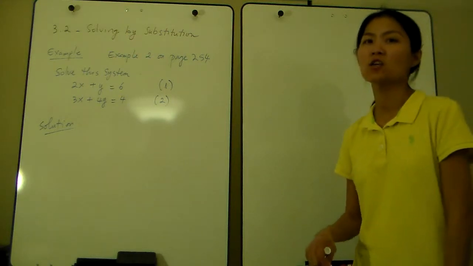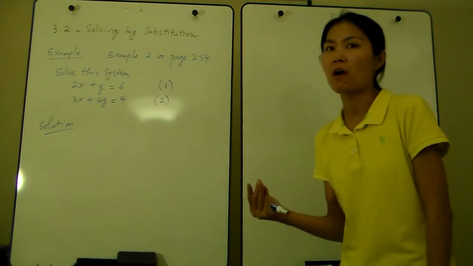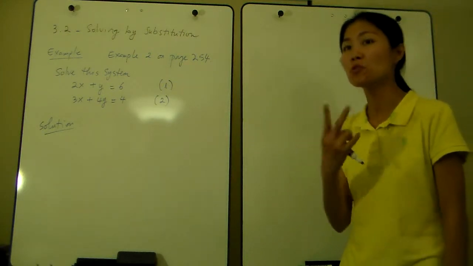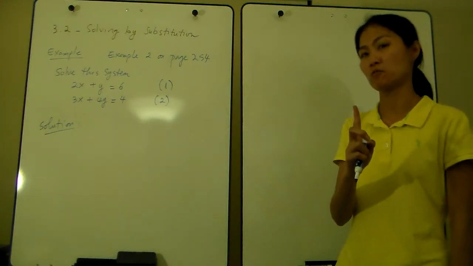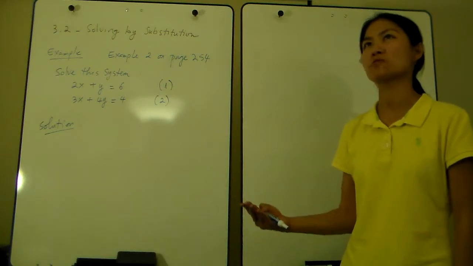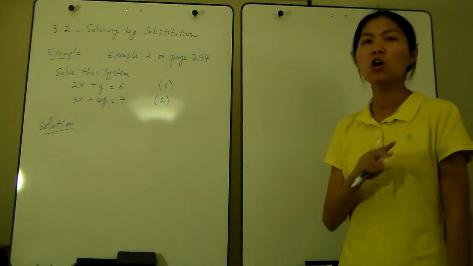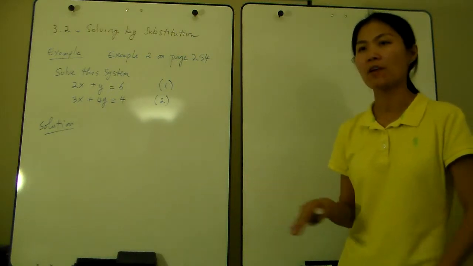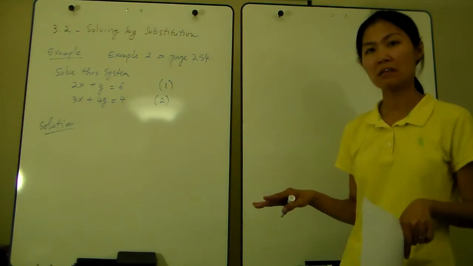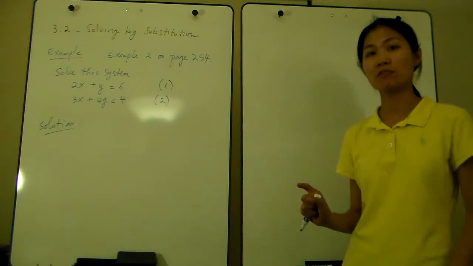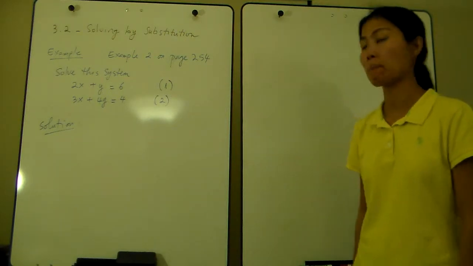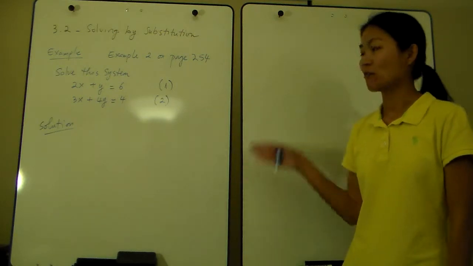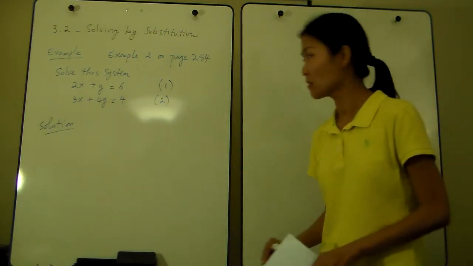By doing that, you reduce the second equation from two variables to one variable only. After you substitute y into the second equation, the y variable no longer exists in it. All variables in the second equation are now in terms of x. I know it's a little abstract, but I will show you what I mean.